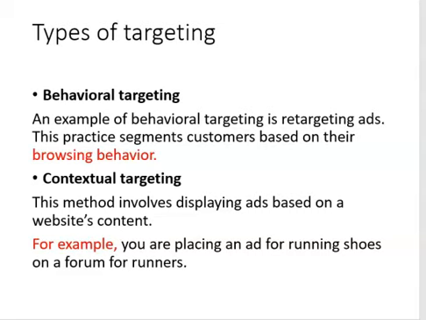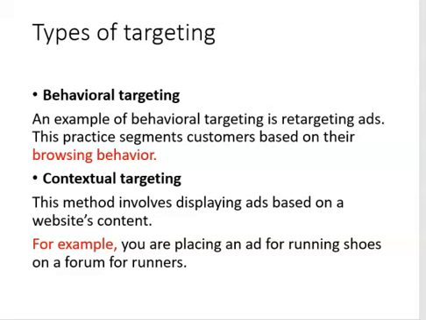And no matter what type of contextual targeting an organization is trying to use, the key method is the placement of ads based on the content of a web page, but not on the behavior.